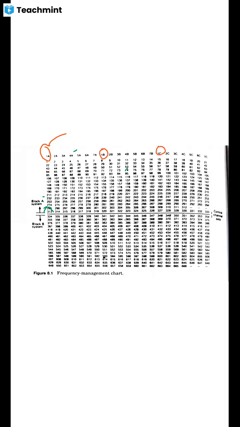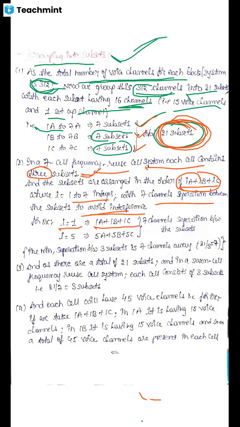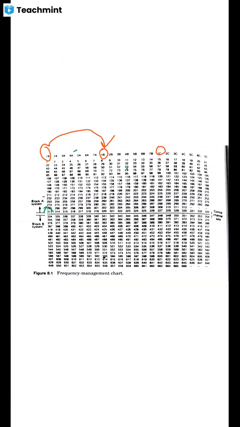Between 1A and 1B, I am having a separation of 7 cells. Between 1B and 1C, again 7 cell separation. Why am I doing the separation? To avoid interference.